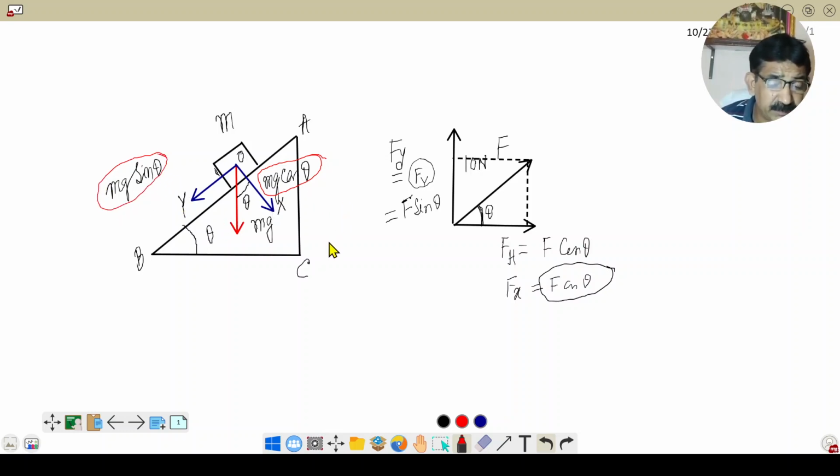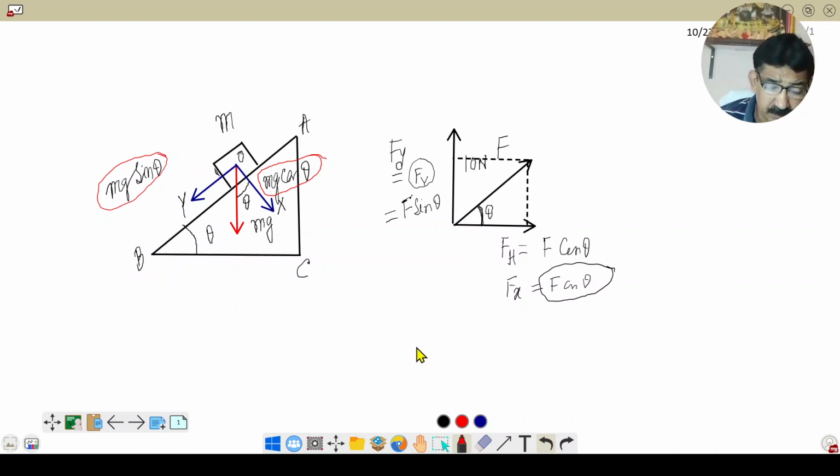So this is the very essential principle for solving mechanical problems related to inclined plane. You have to remember this. This force, which is perpendicular to the inclined plane, is equal to mg cos theta, and the force that is parallel to the inclined plane is equal to mg sin theta. Okay, so we get two forces. One is equal to mg cos theta, and the other is equal to mg sin theta.